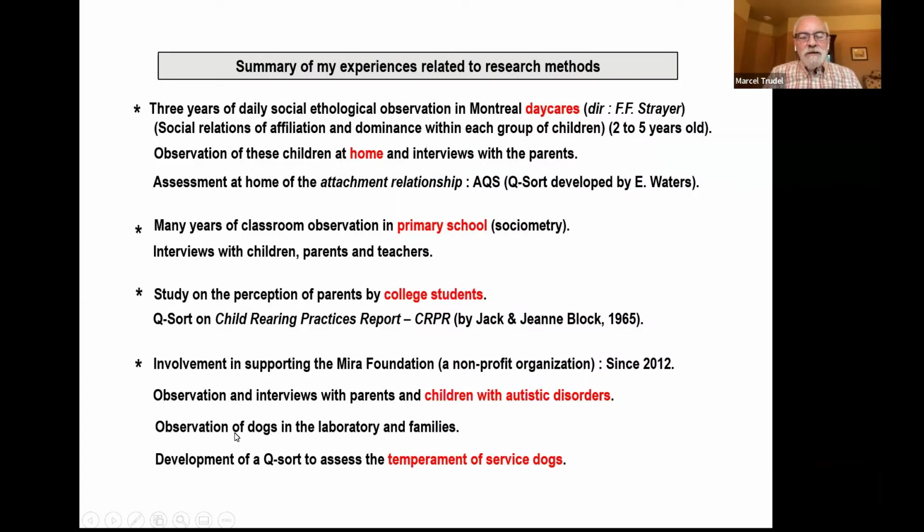Okay, just rapidly, how I developed an interest in the Q method with the experience. So very shortly, as Mike said, I started in the 80s to work in daycare centers with my thesis director at that time, F.F. Strayer, who died. He came from Seattle.